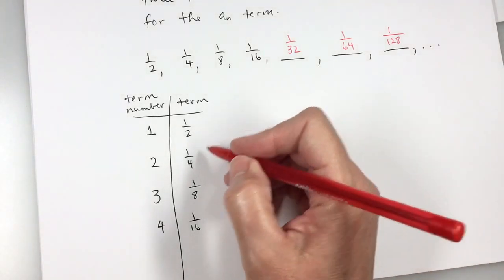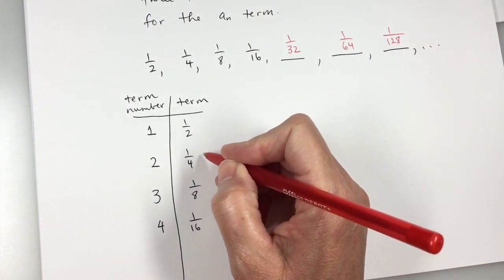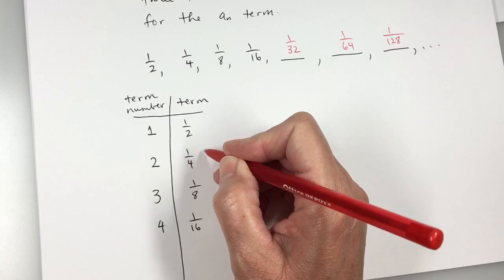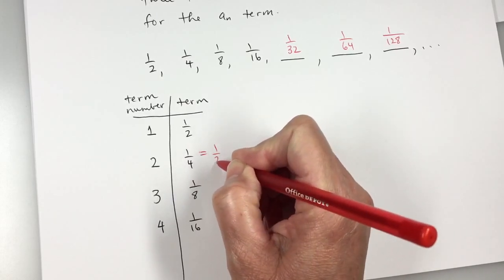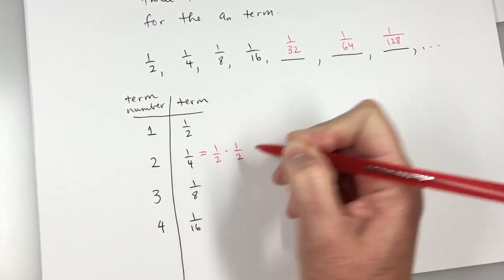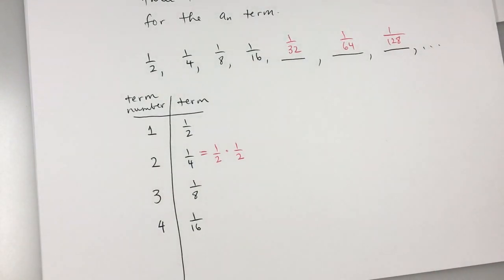What about this 1/4? I could call it two different ways. I could say that's the previous term times 1/2. Is that going to work for all of these terms?